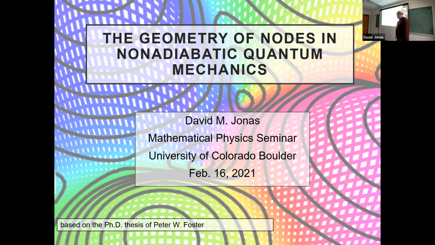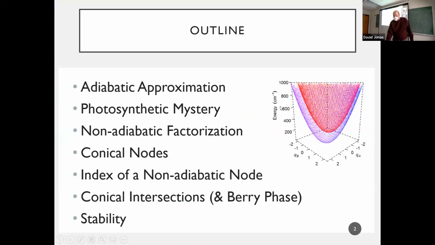As I mentioned, this is primarily from the thesis work of Peter Foster, who's now an assistant professor at Newbury College. In outline, I'll start with a reminder of the adiabatic approximation, and then I'll explain a little bit about the photosynthetic mystery that got us into looking at a rather bizarre regime for non-adiabatic dynamics.